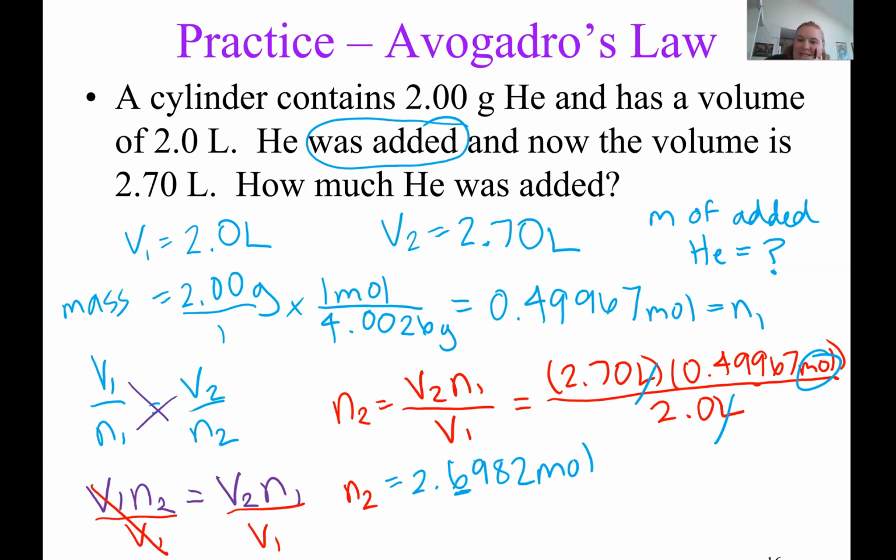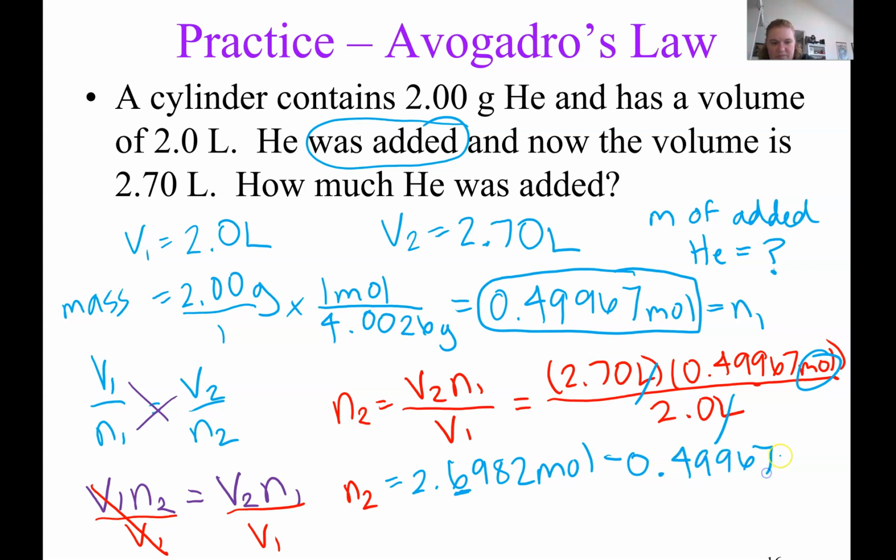The question says how much helium was added. This is the new amount of helium, and this is the original amount of helium. So if we want to know how much was added, we need to subtract. So the amount that had to have been added was 2.19857 moles.